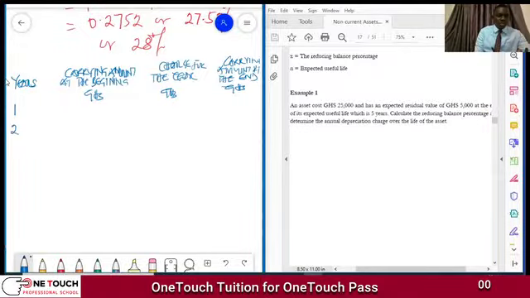So year 1, year 2, year 3, year 4, year 5. The charge is at 28%.